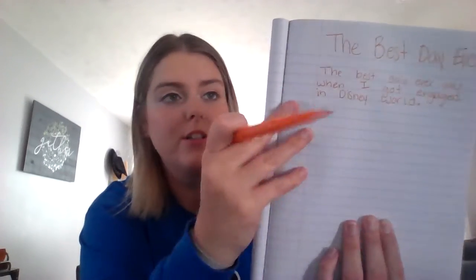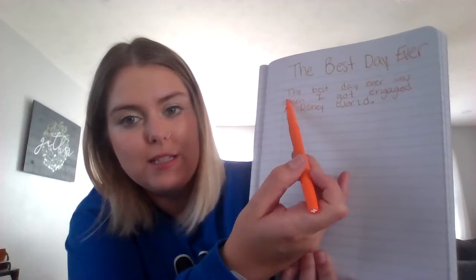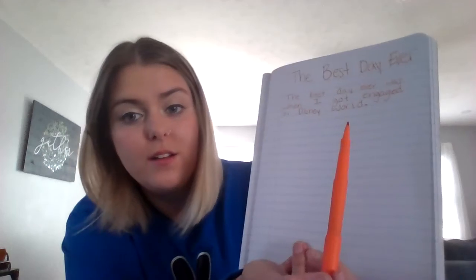So the best day ever was when I got engaged in Disney World, period. So if you look at Miss Massey's topic sentence, I have a capital letter to start my sentence. I have really awesome finger spaces, and I have a period.